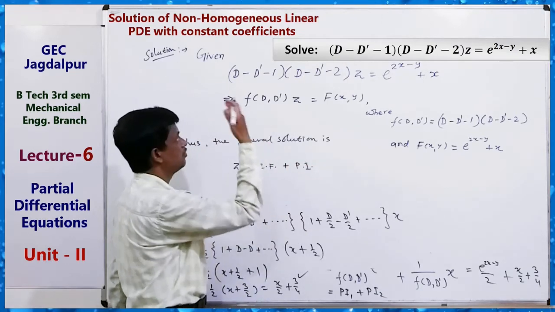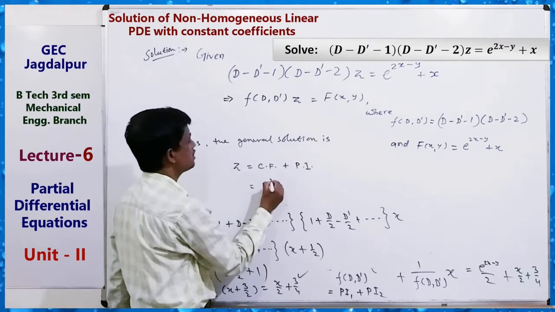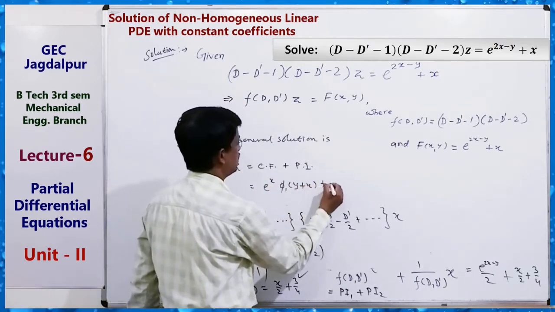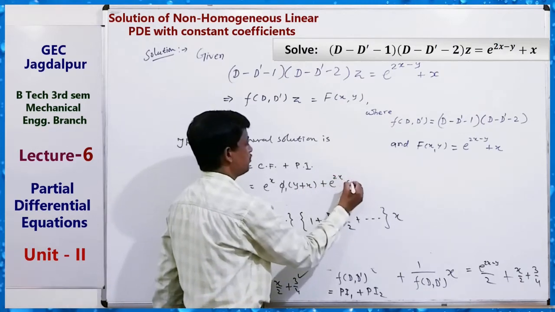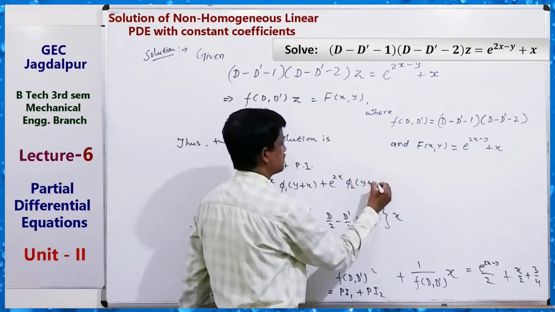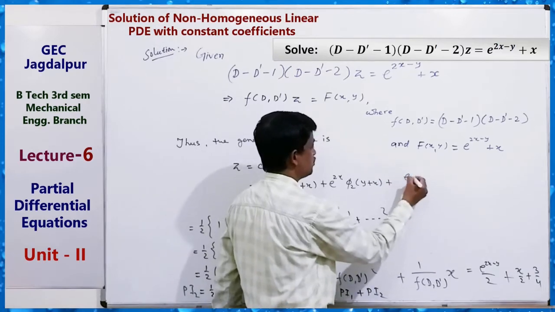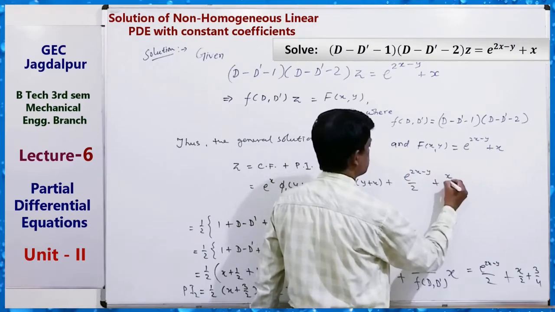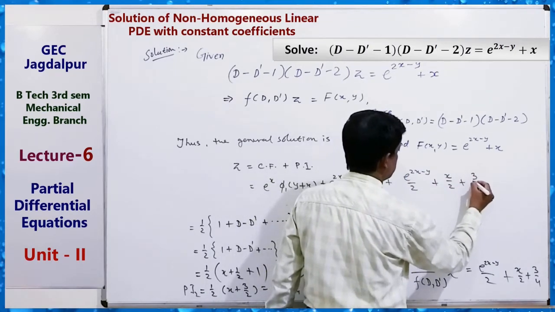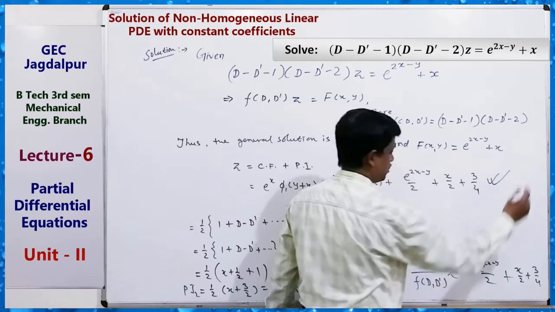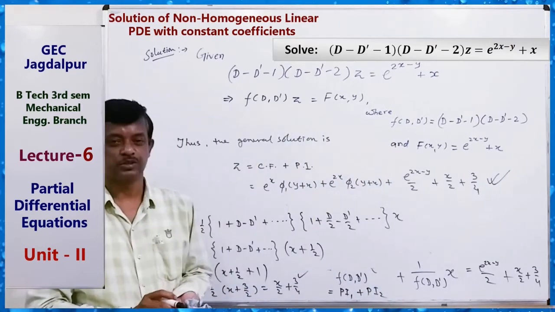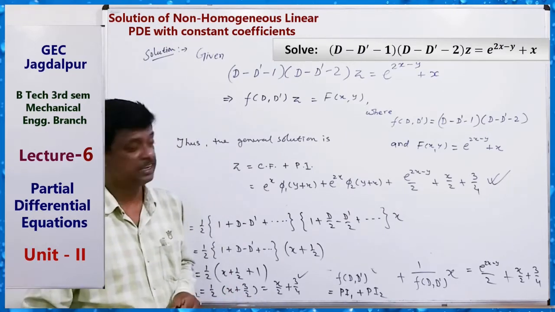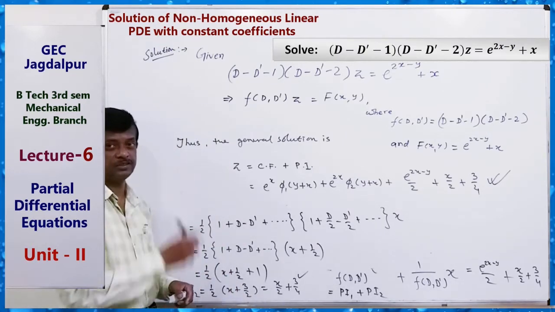So CF was what? e to the power x phi 1 of y plus x, and e to the power 2x phi 2 of y plus x, and PI is e to the power 2x minus y upon 2 plus x by 2 plus 3 by 4. So this is our solution. Okay, so you have to find PI and CF both for getting the complete general solution.